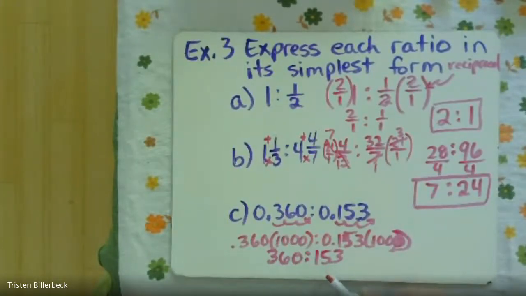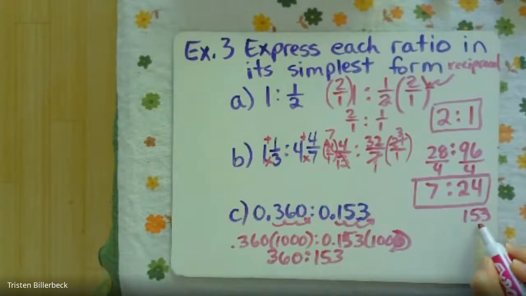And then we think, well, the 153, it has fewer factors than 360, so let's do a factoring tree. So 1 plus 5 is 6, plus 3 is 9, so that's a multiple of 3. So we can take a 3 out.